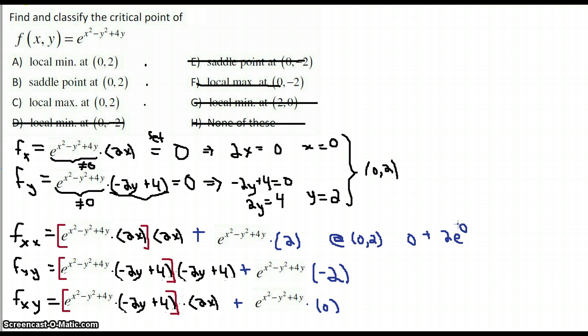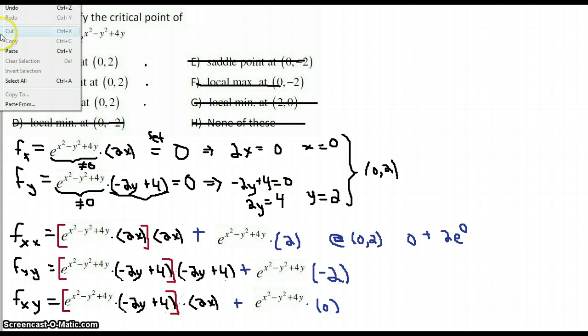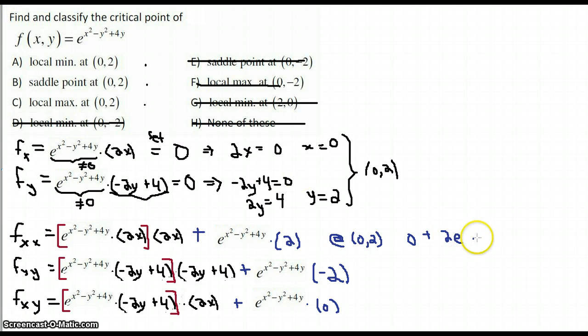No. Negative 4 plus, sorry, negative 4 plus 8 would be 2e to the 4 for that one.